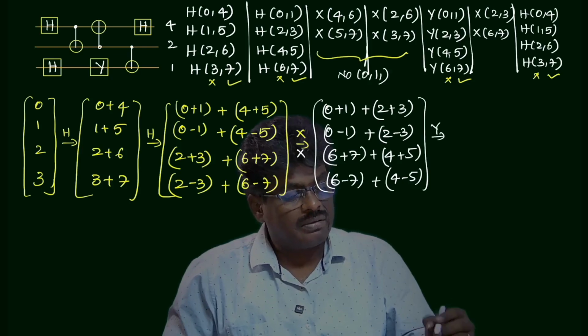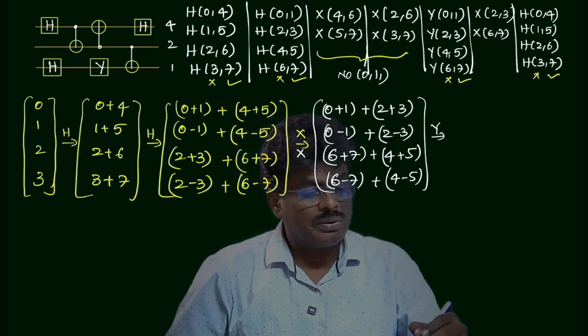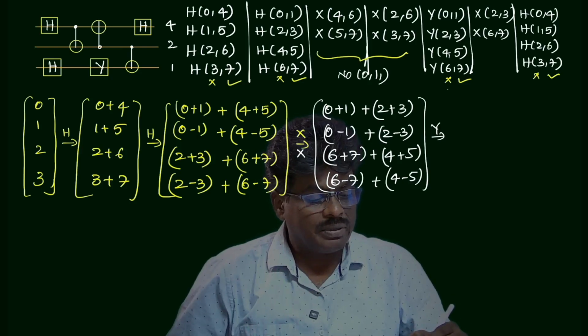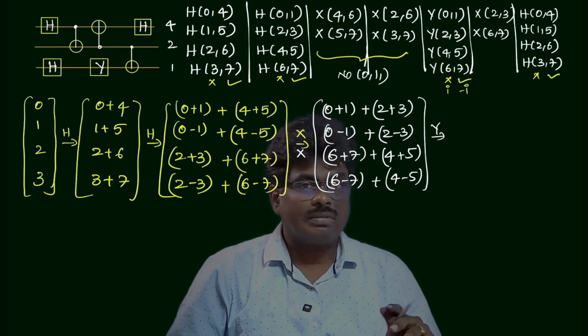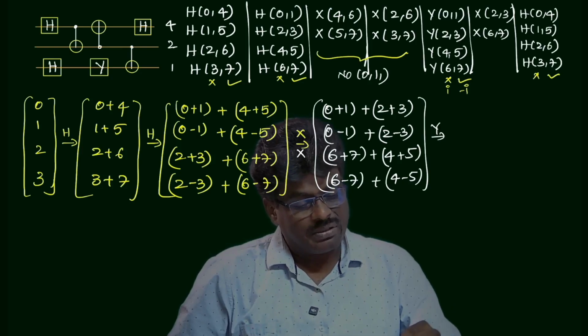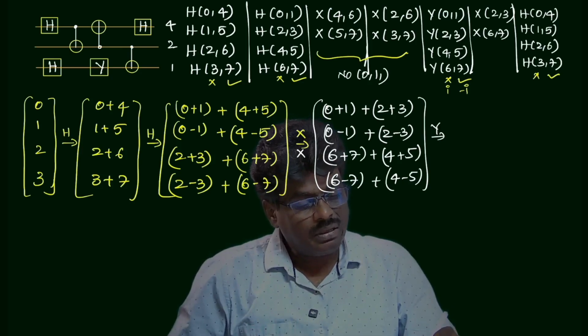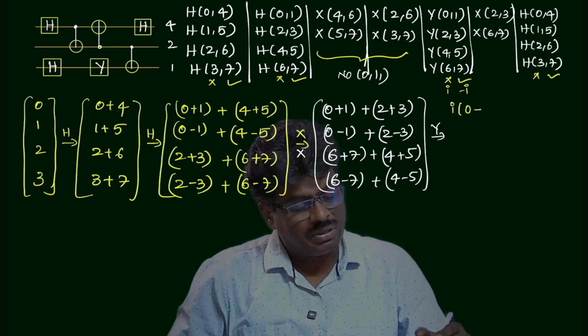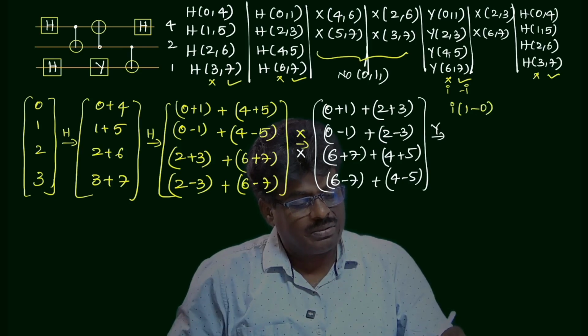Next Y. So here off state you will get I and on you will get minus I. Flip with some phase change, right? Okay, right. So proceed. 0. This is I 0. Sorry, it should be flip. I'm sorry. That is 1 minus a 0. I hope you understand. Plus I again.